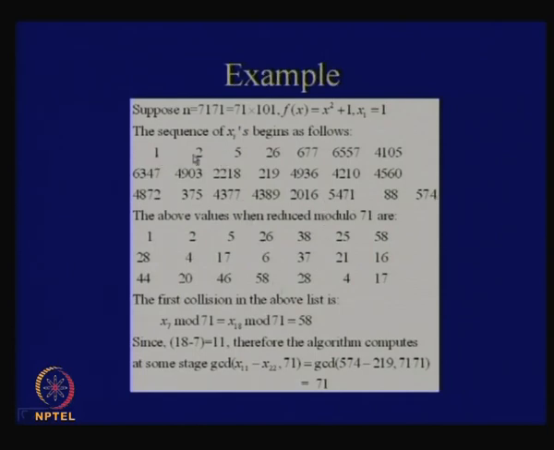So, there were 1, 2, 3, 4, 5, 6, 7, 8, 9, 10 and 11. So, x11 is 219, and the corresponding x22 value is 574. So, you take 574, subtract 219 and compute the GCD with 7171, and you will find that the factor is 71.